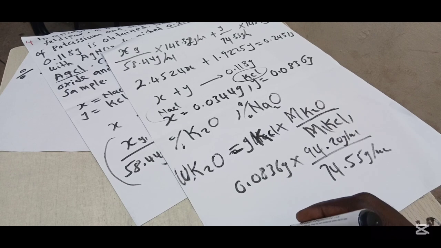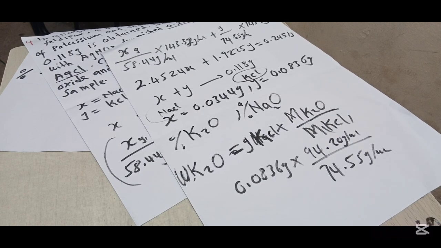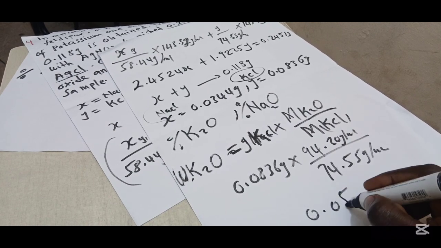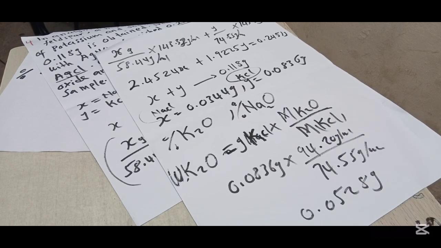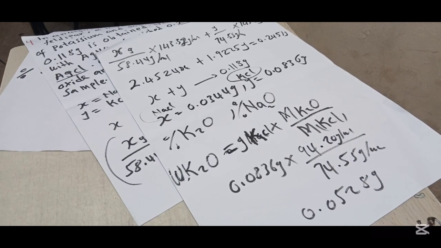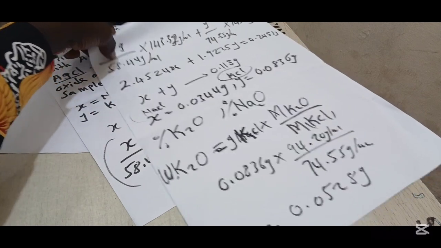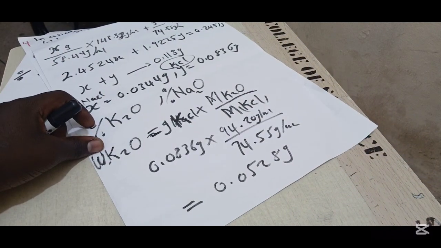And this is going to give us 0.0528 grams. We have to calculate the percentage of potassium oxide and sodium oxide.